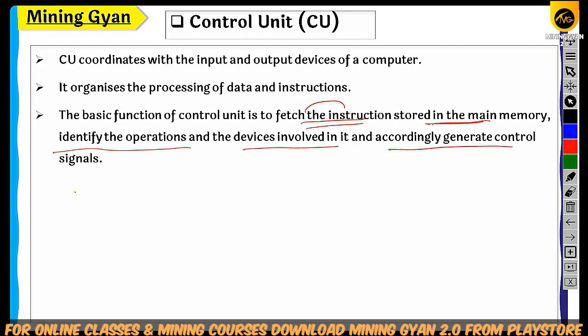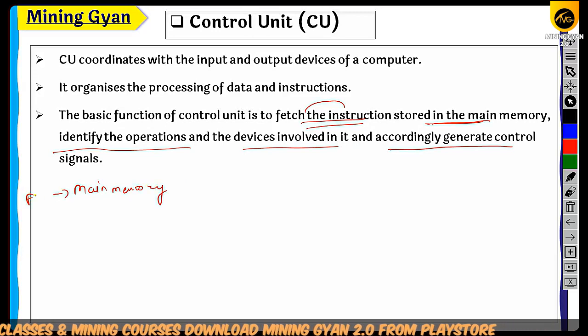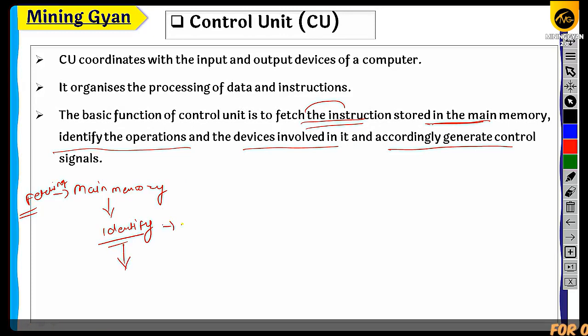So it's fetching the instruction from the main memory. Okay, so the first work is fetching from main memory. Then it identifies कि किस टाइप का ऑपरेशन उसे परफॉर्म करना है, किस टाइप का डिवाइसेस उस परफॉर्मेंस के लिए इन्वॉल्व करना है. So it identifies the operations.